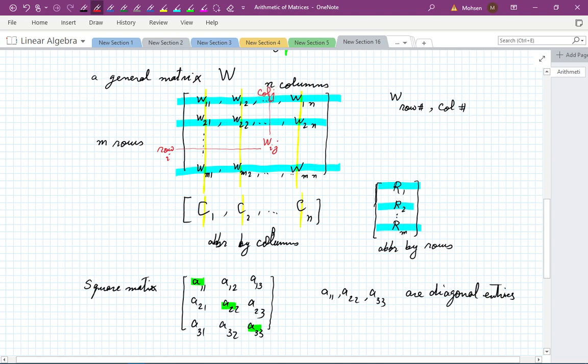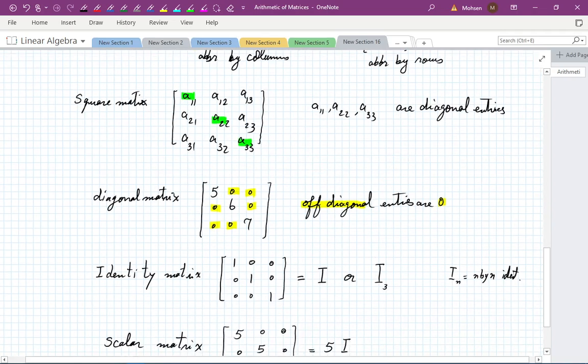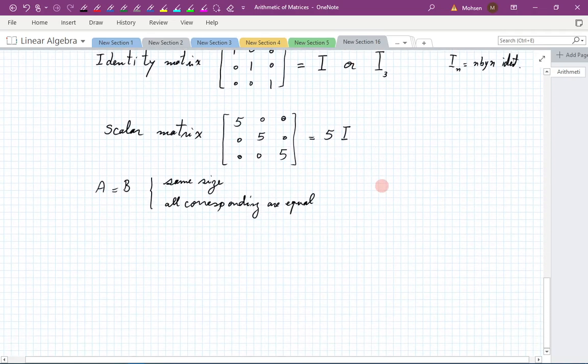So if you want to pick out one representative of the entries of a matrix, they typically refer to it as the matrix with subscript ij, and so in this case, if the two matrices are equal, it means the item at location ij of A is the same as the one for B, so that means all corresponding entries are the same.